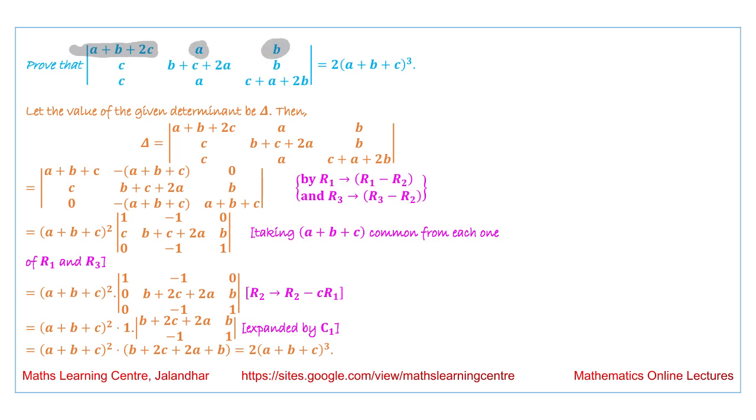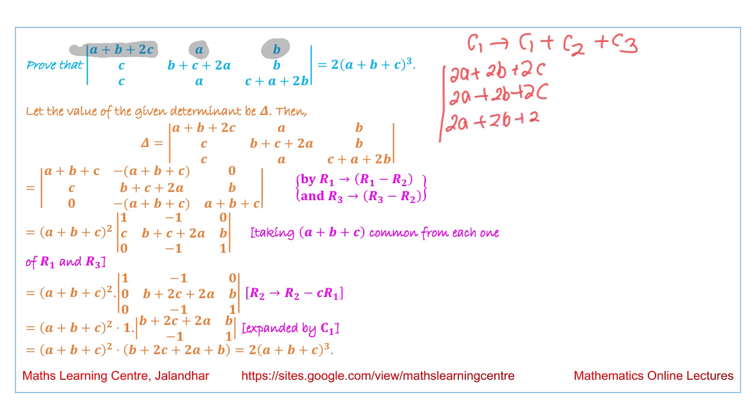If we perform the operation that column 1 approaches column 1 plus column 2 plus column 3, the determinant will become 2a plus 2b plus 2c, 2a plus 2b plus 2c, and then 2a plus 2b plus 2c, and we have these values, they will be there as it is.